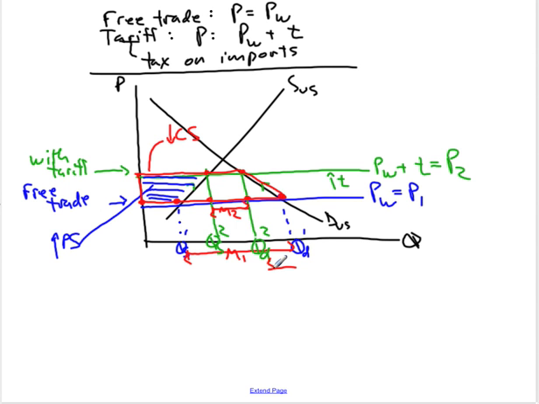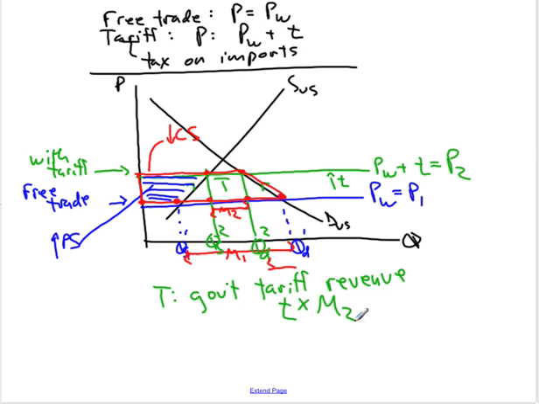But where did that lost consumer surplus go? Some of it was transferred to producers. Some of it has gone to the government. This box, call it T, is government tariff revenue, and it's the amount of the tariff times the level of imports.